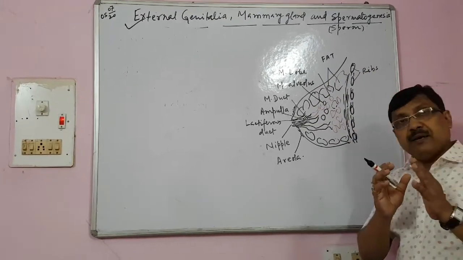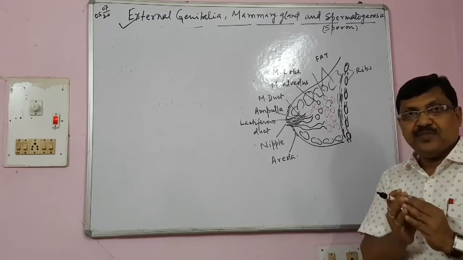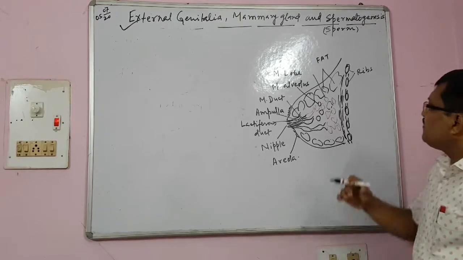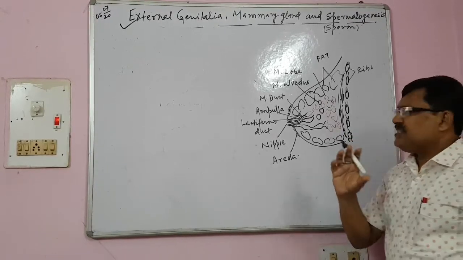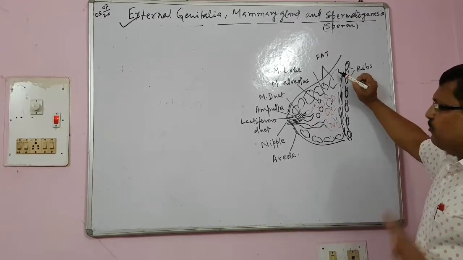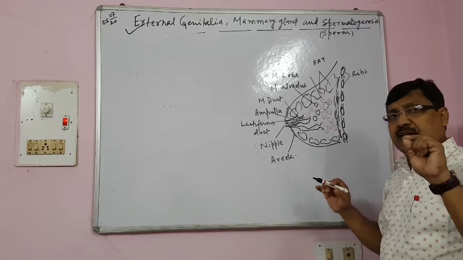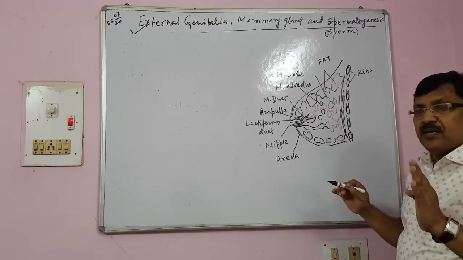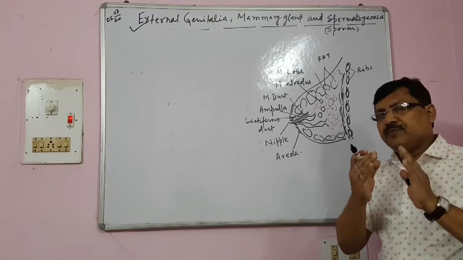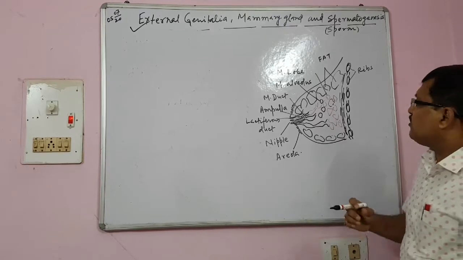The shape of the mammary gland is maintained by the deposition of adipose tissue. It may be less deposited or more deposited, so the shape and size are variable. First of all, try to understand this in a chronological way, and when you remember it in a chronological way, then you can write it properly in the examination.